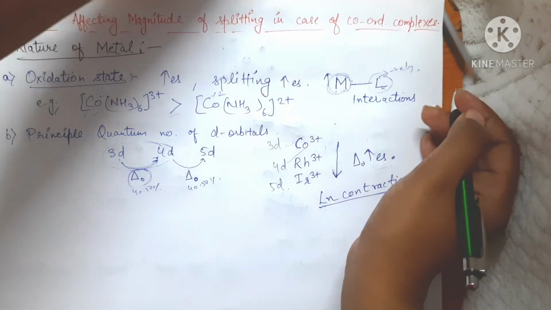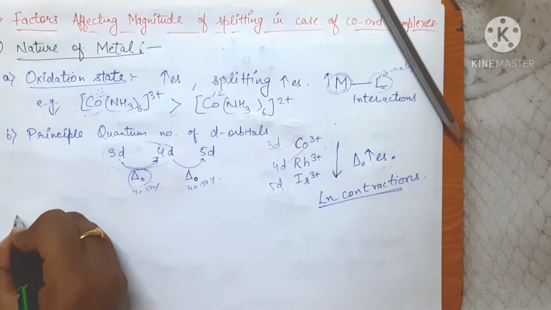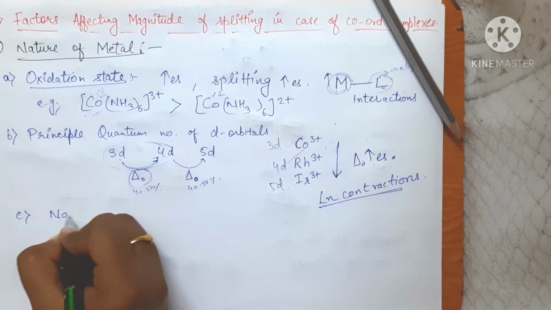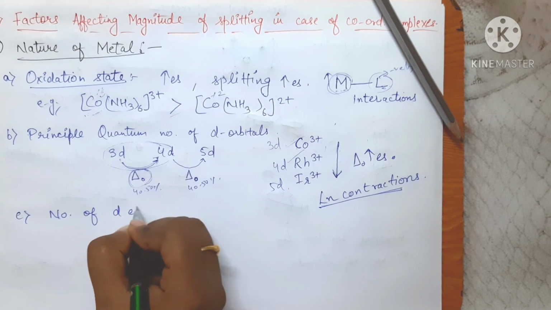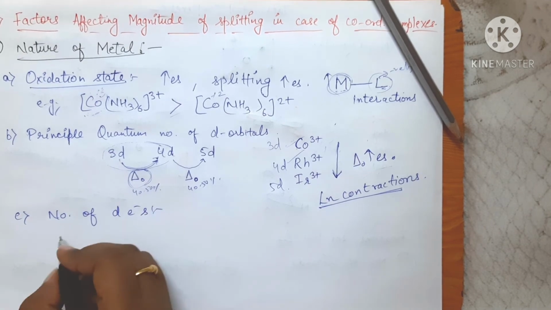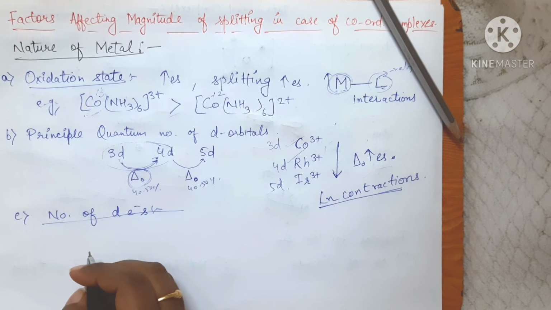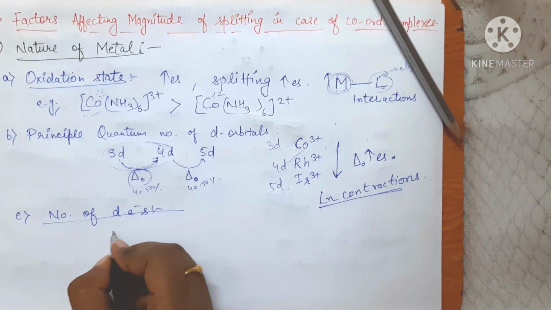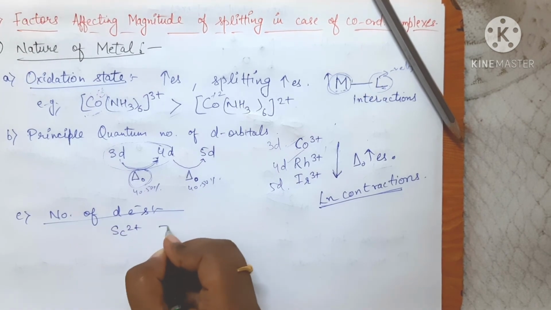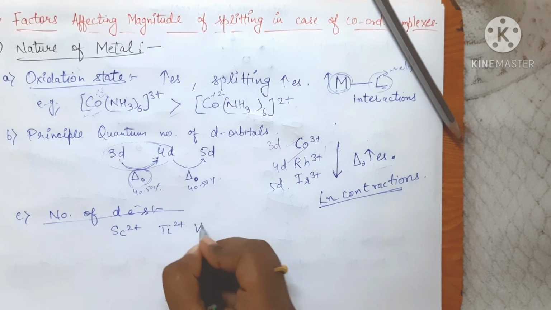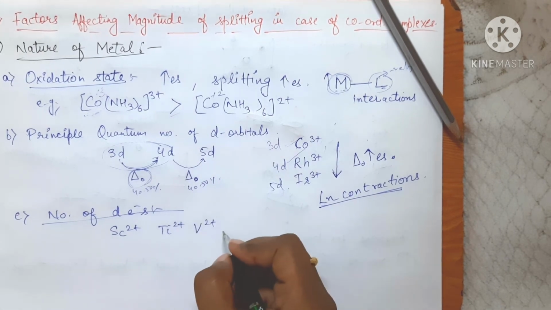Now moving on to the third factor, which is the number of d electrons. So for that, if we look at this series, scandium 2+, titanium 2+, vanadium 2+, like that.